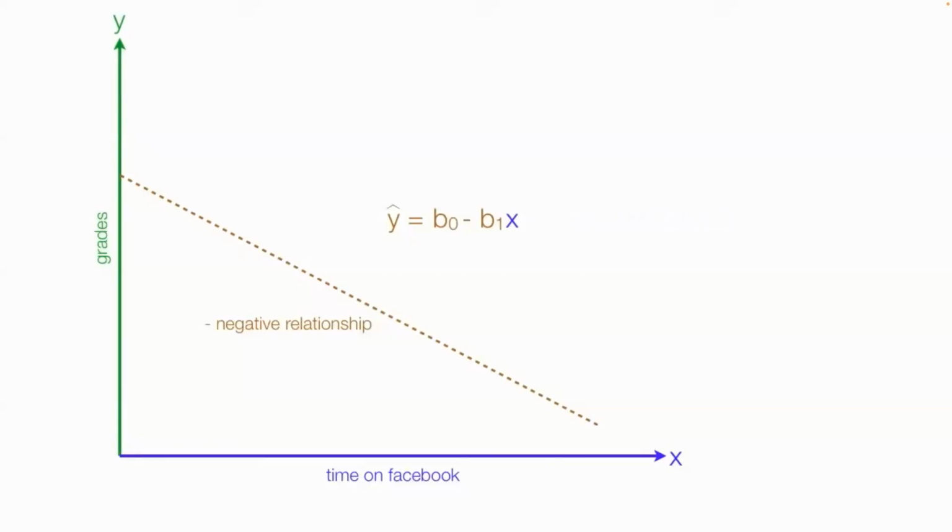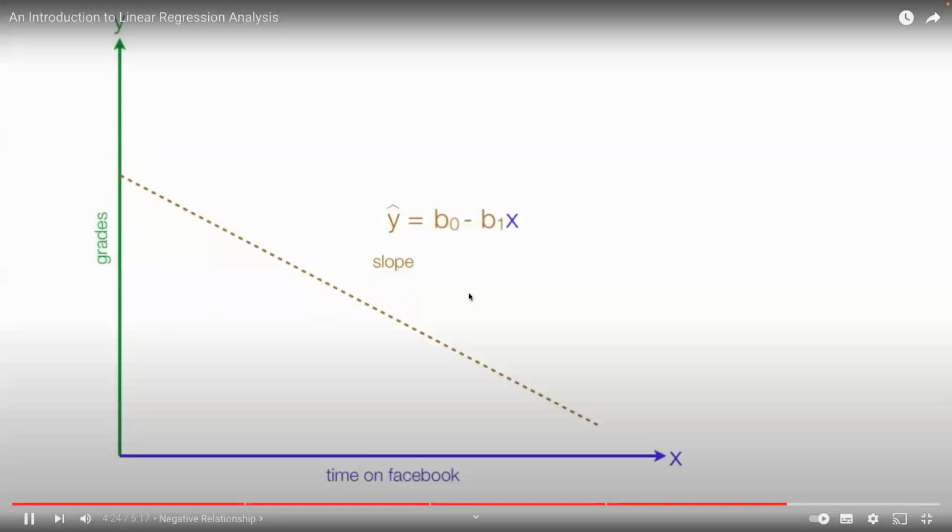B naught is still the y-intercept. And it is a calculated value. The slope of the line is negative b1 because it's downward sloping, negative relationship. And as I said before, I'll show you how to calculate this equation in the next video.